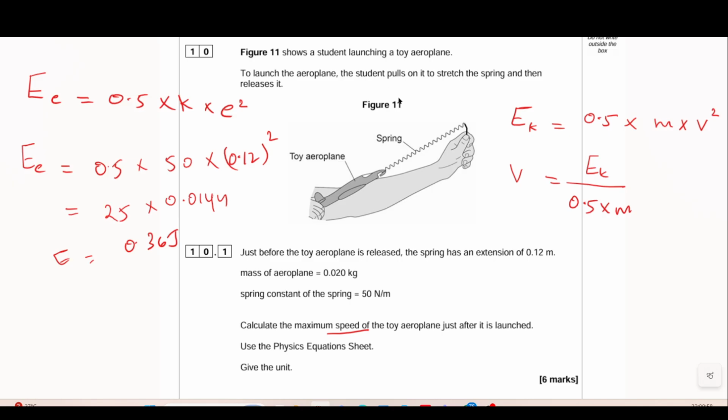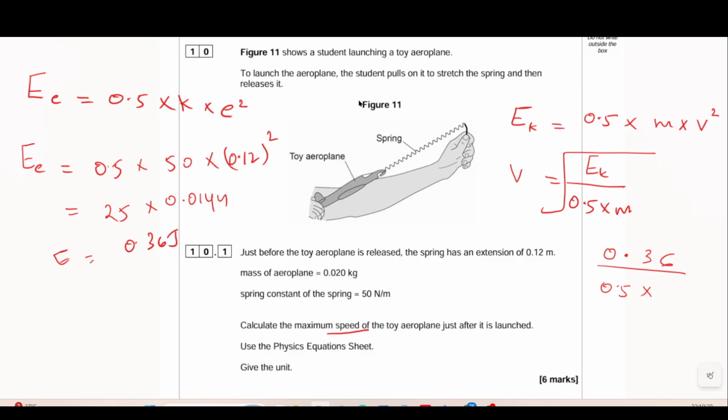Divided by 0.5 times mass. So the mass is 0.020 kilograms. The kinetic energy is 0.36, the energy that we just calculated.